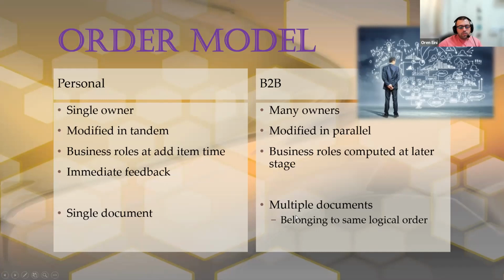I have multiple documents, and all of them together compose a single whole. Think about that. Instead of having a single document for the entire order, I have multiple. Probably one for every entity that can modify this, because I still want to work in a serial fashion for each user that adds to this order.